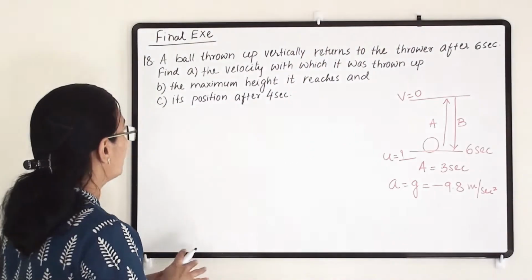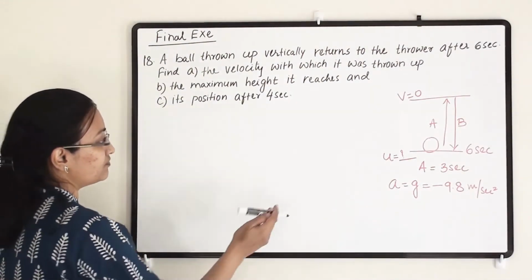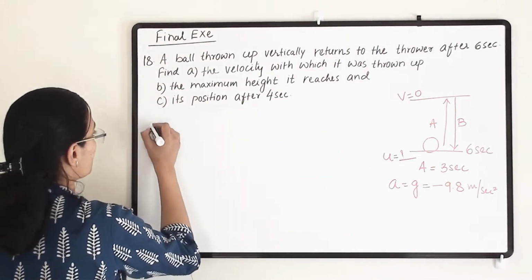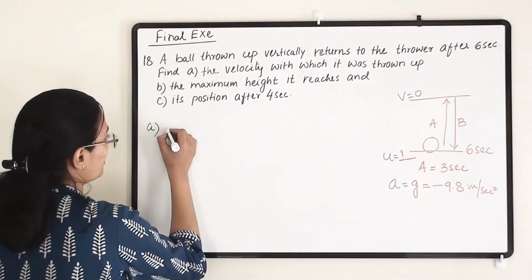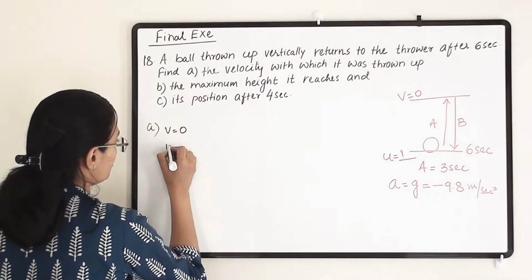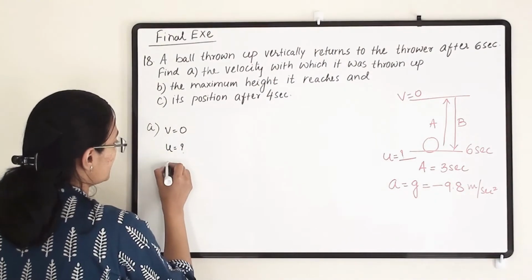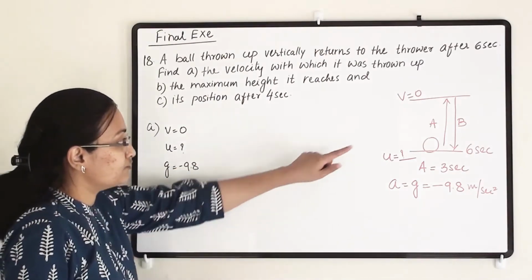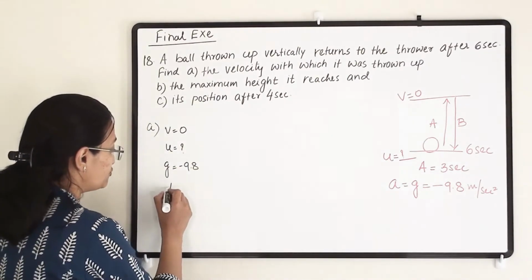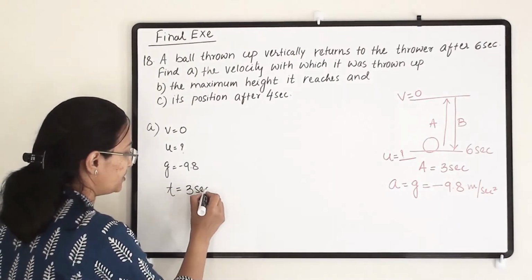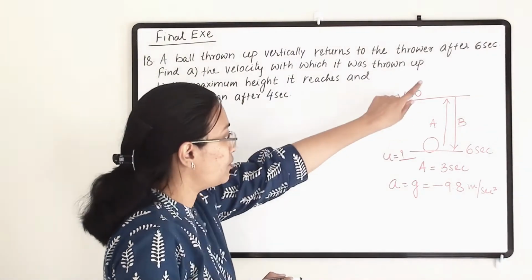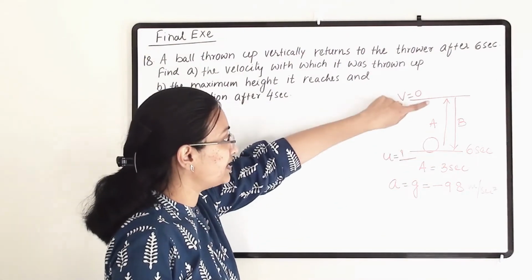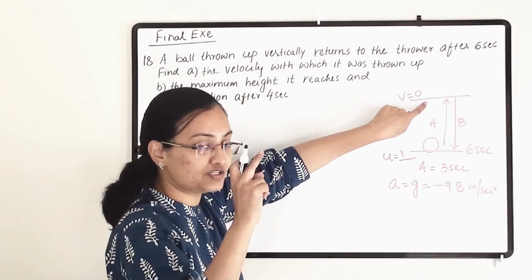Now let us write down the equation from which we are going to find the initial velocity. So for the A path, it is going to be v equals to 0, u we have to find out, g equals to minus 9.8, and time for the path A is going to be 3 seconds. Because this is the total time when the ball again comes back to the thrower's hand, we have to calculate till here when it reaches the top.